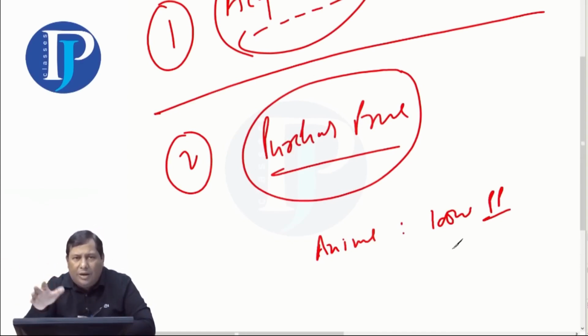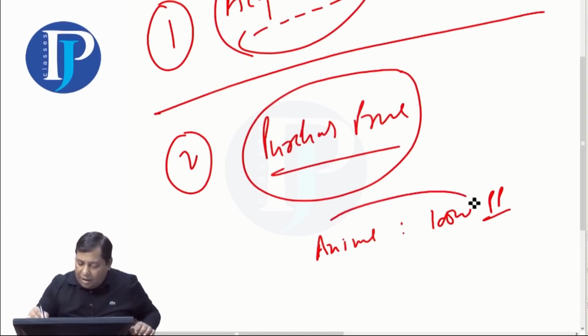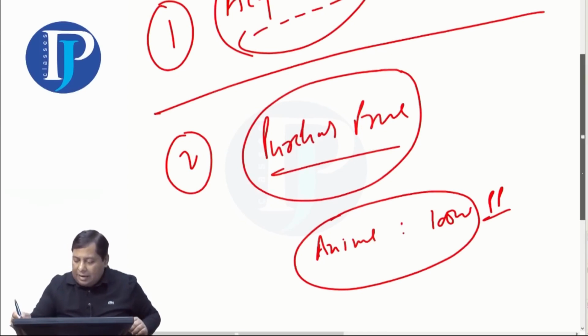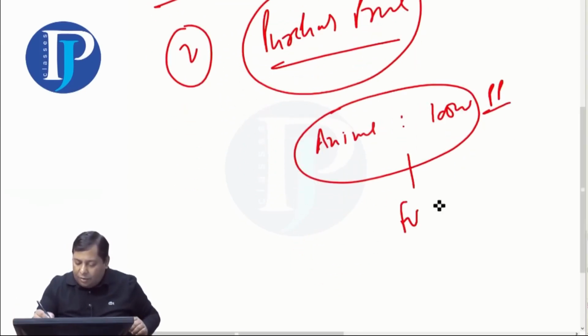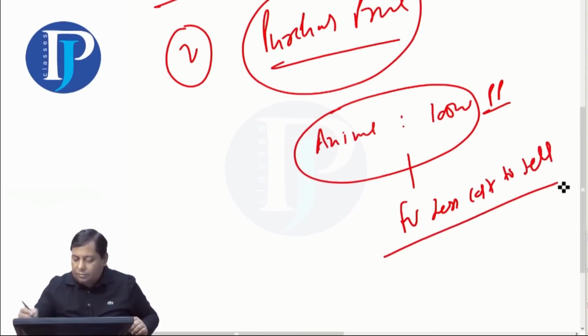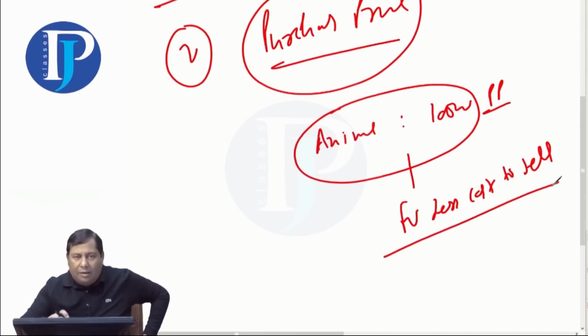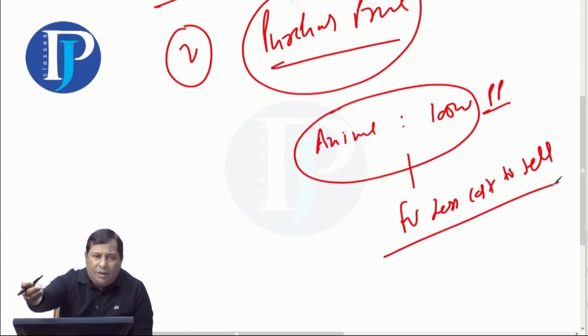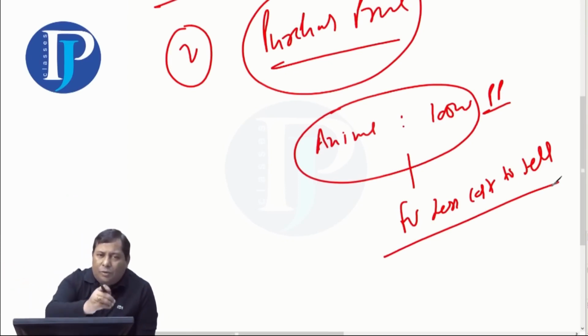Now don't think that the entry is passed for 10,000, animal to bank, biological asset to bank. Whereas Ind AS 41 states that you can't record an animal for 10,000 rupees. So first you should find out the fair value less cost to sell. Let's suppose I bought the animal for 10,000 rupees and I will sell it in the market today itself. What will I get?